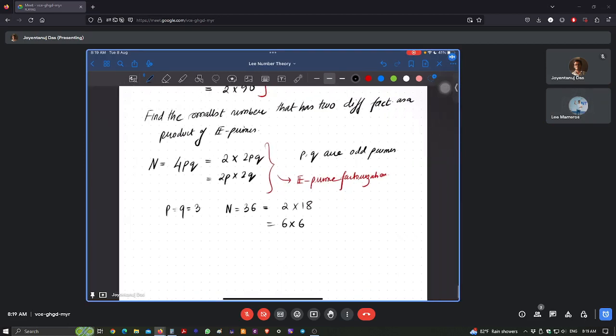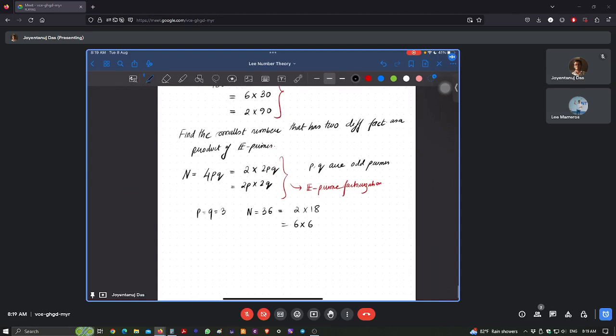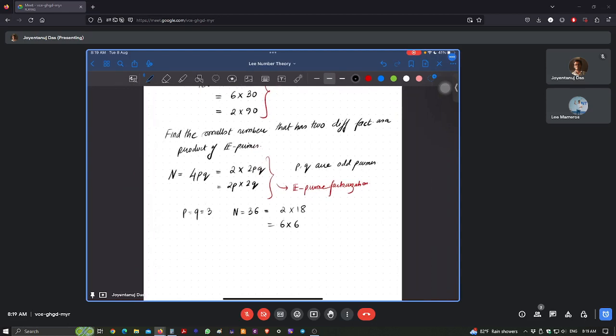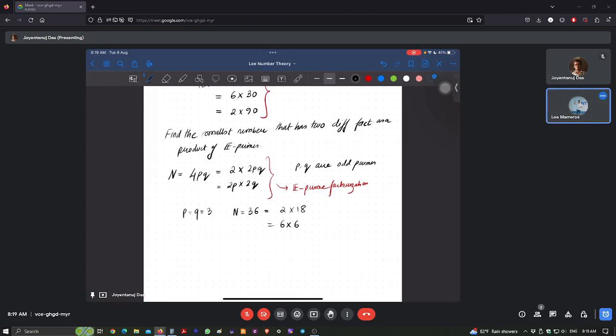Okay. So in the next part they are asking one more question: is 180 the smallest number with three factorizations? So what will be the smallest number that has three different factorizations? In general, when does a number have three different factorizations in the E zone?